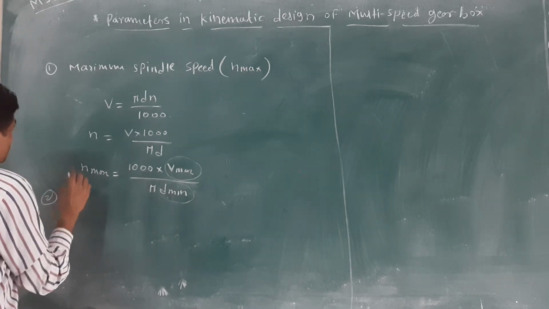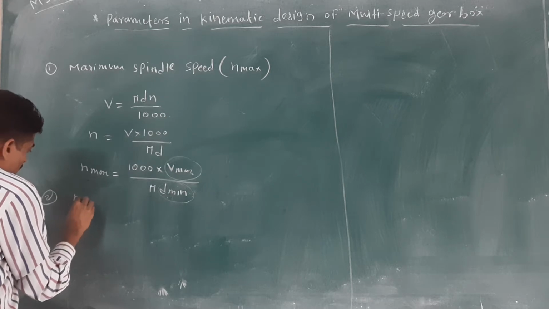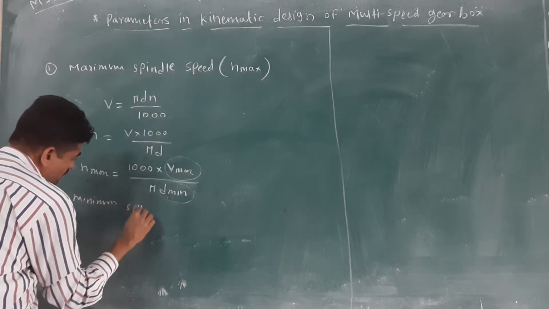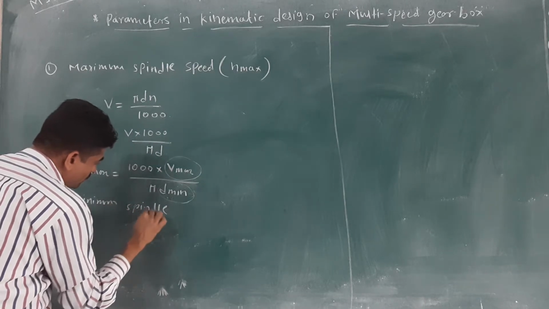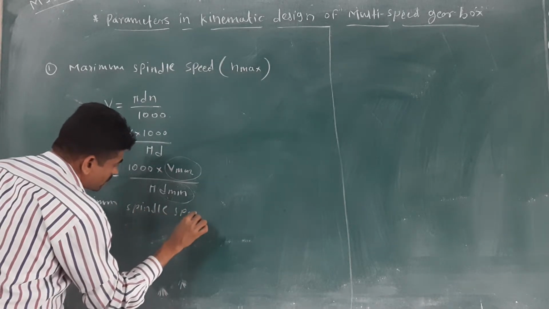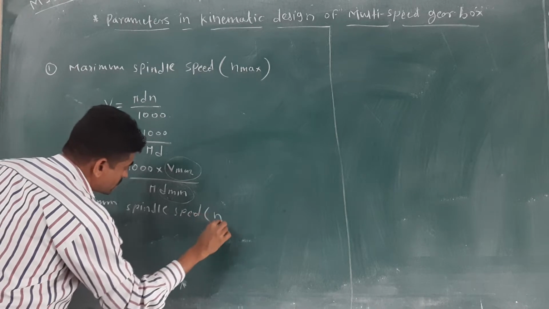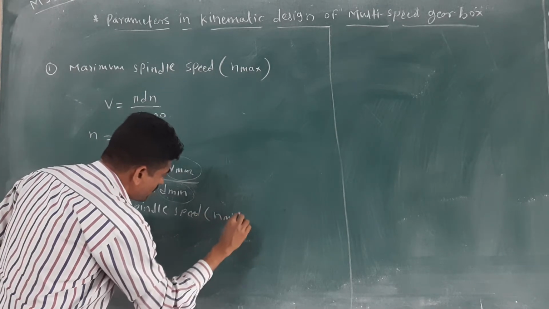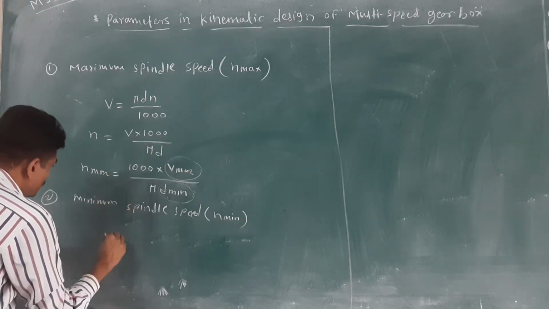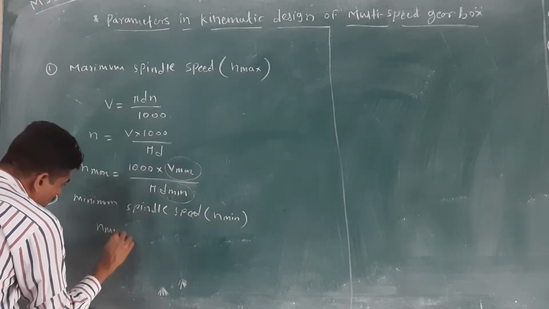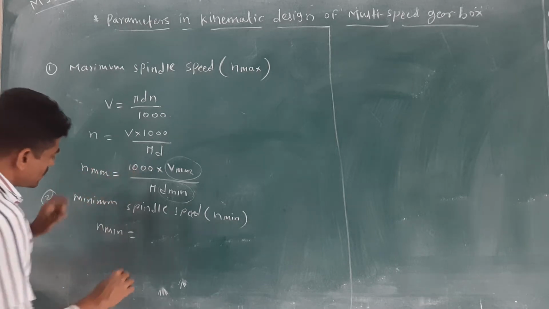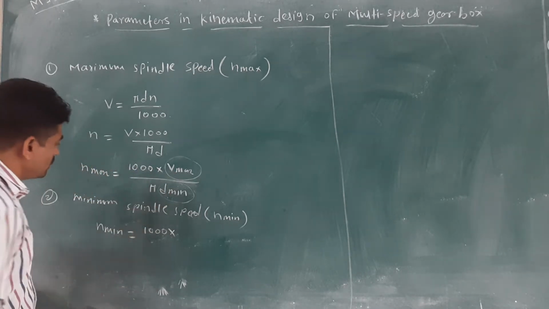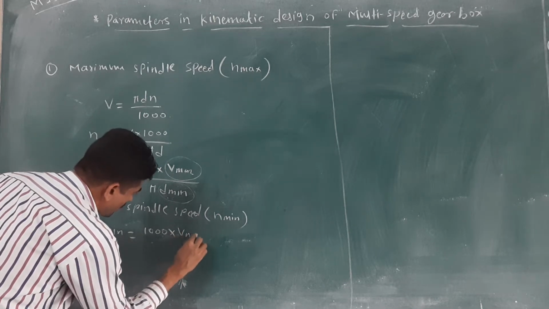Second, in a similar way, we want to calculate the minimum spindle speed. How to calculate that? It is denoted by N minimum. N minimum is equal to 1000 into Vmin divided by pi d max, where cutting speed is minimum.